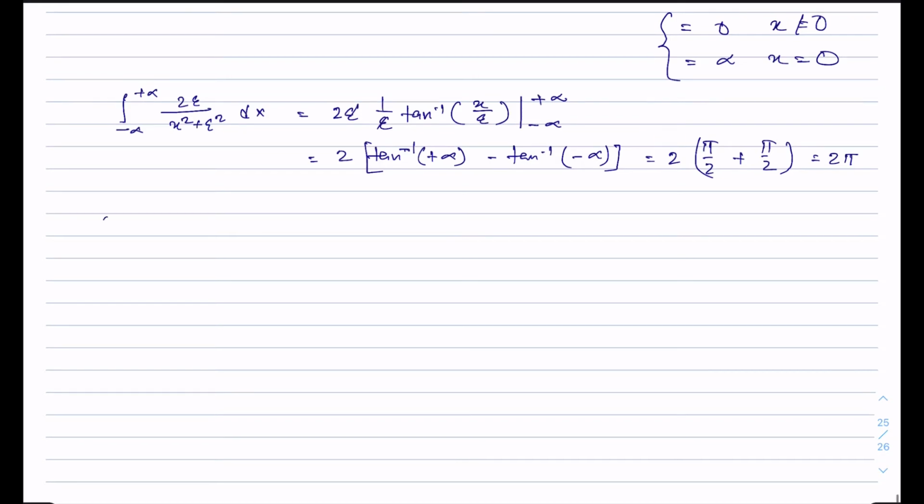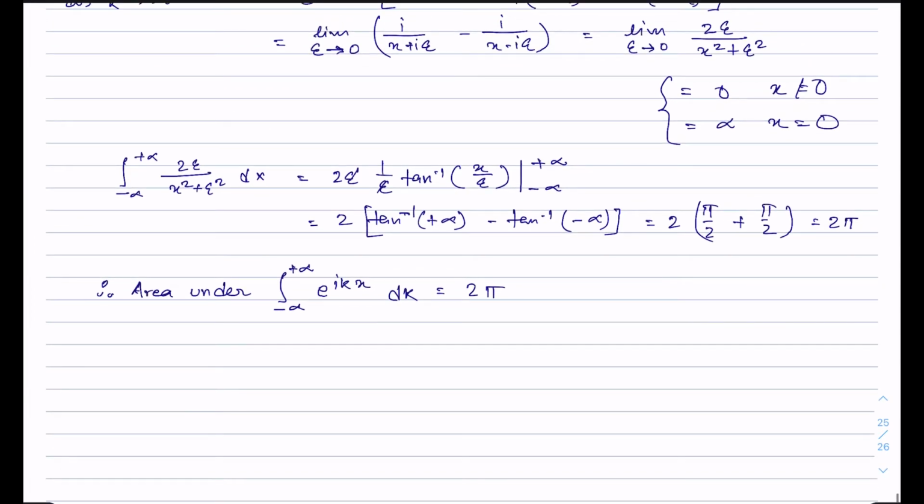So therefore the area under this integral, e to the power ikx dk, is 2 pi. We calculated the area under 2 epsilon over x square plus epsilon square, but we got this function from the integral, that is, integration from minus infinity to plus infinity of e to the power ikx dk.